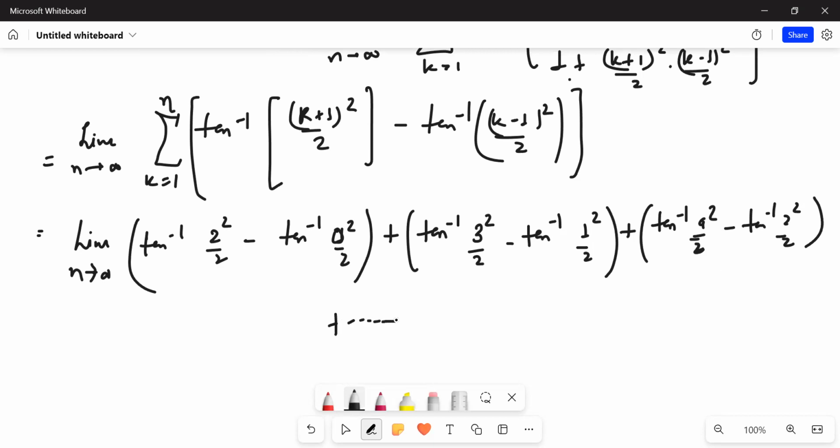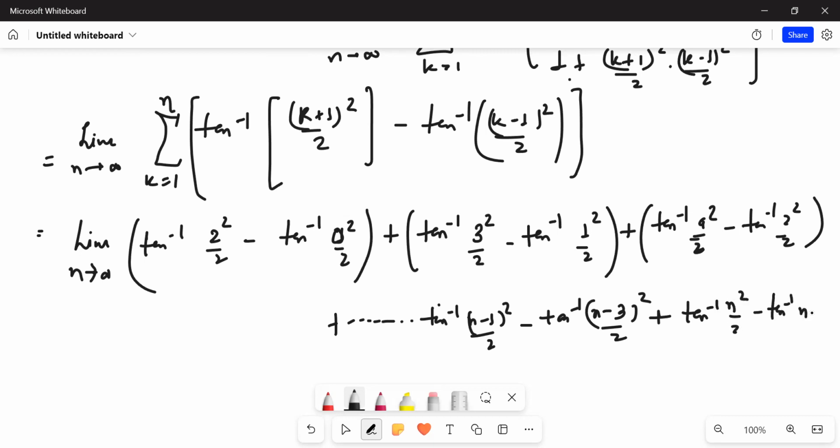Similarly, if I go all along, placing n minus 2, I'll get tan inverse of (n minus 1) whole square divided by 2 and (n minus 3) whole square upon 2. If I place n minus 1 here, I will simply get tan inverse of n square upon 2. And then I place n here.